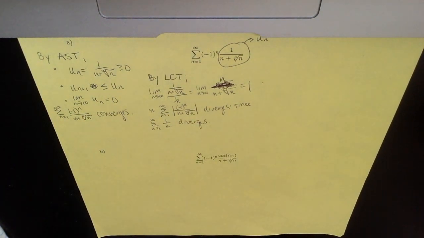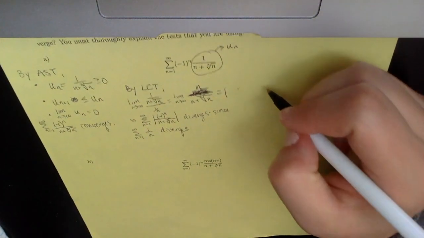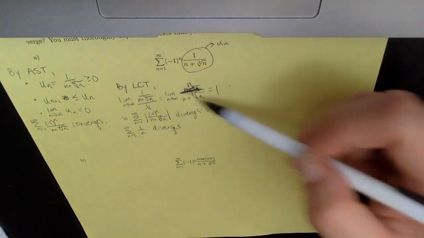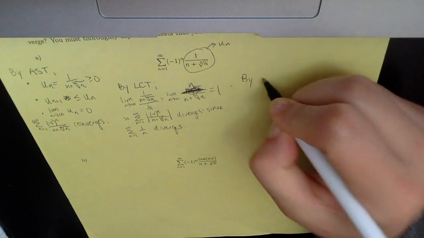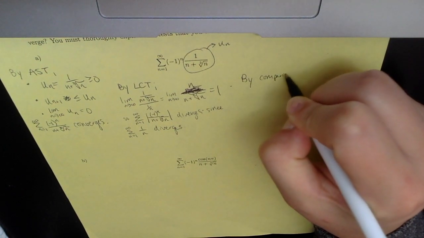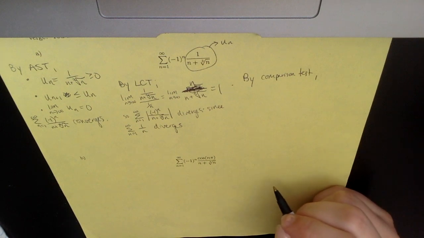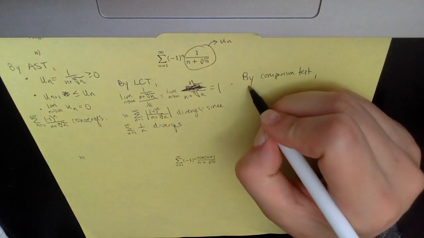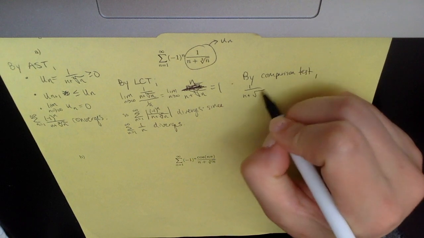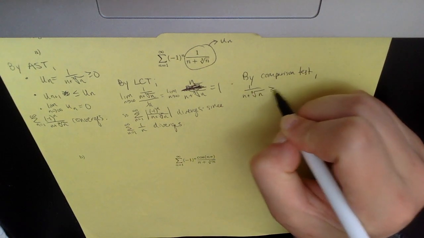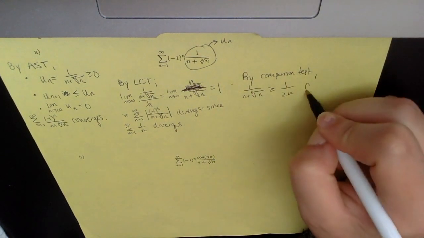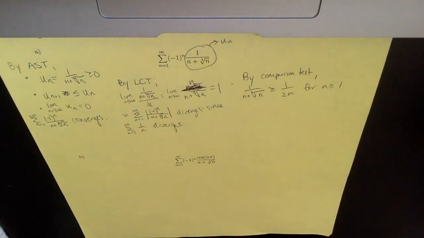Okay, so I'm also going to show that we can use the comparison test to do this same process. So by the comparison test, we know that 1 over n plus the cube root of n is greater than or equal to 1 over 2n for n greater than or equal to 1.